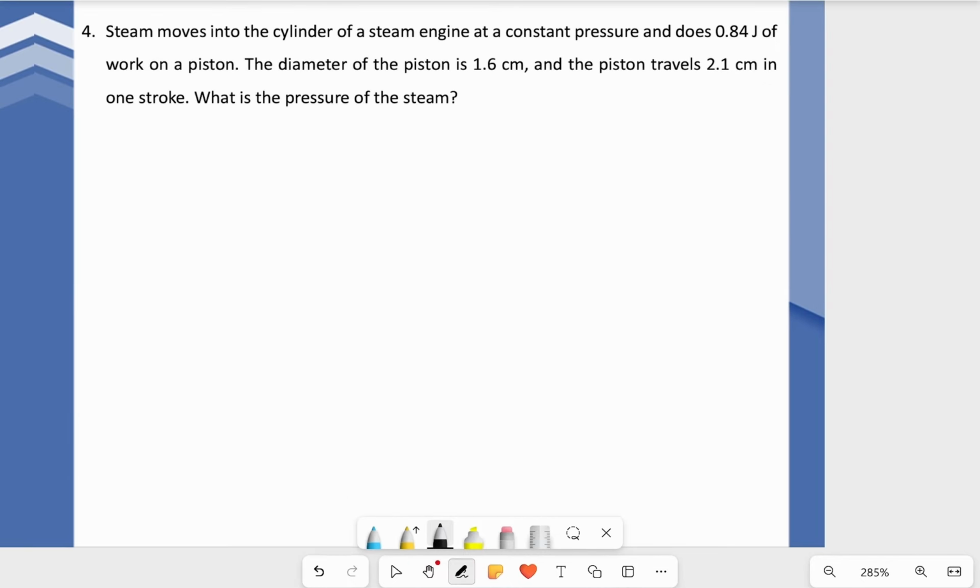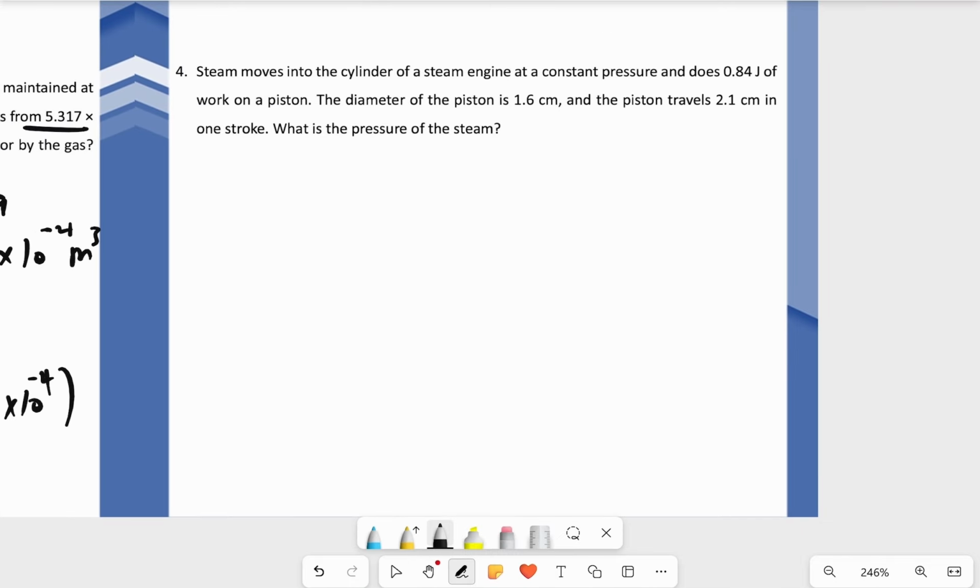You have question 4. It says a steam moves into the cylinder of a steam engine at a constant pressure and does work of 0.84 joule on a piston. So this is work.